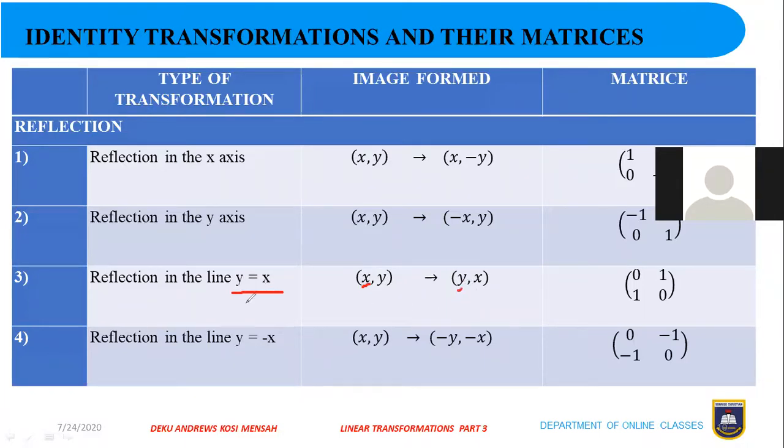Again, if you are making y the subject, your y equal to x, which means that in the y-axis, go and put x there. So your y will also lead us to the image x. And that gives you the matrix 0, 1, 1, 0. Reflection in the y-axis also follows the same pattern. That is the identity transformations and their matrices.